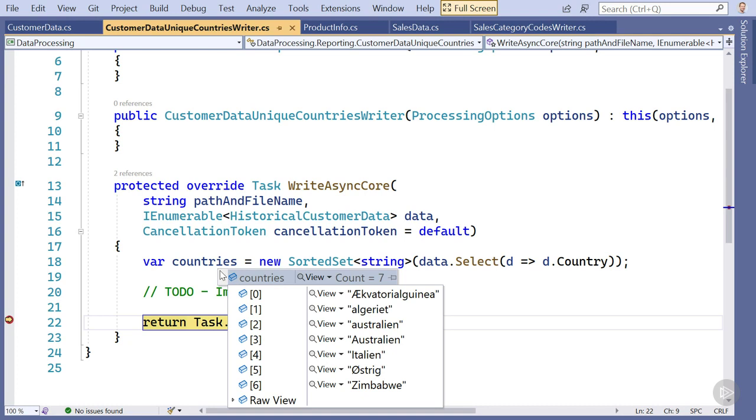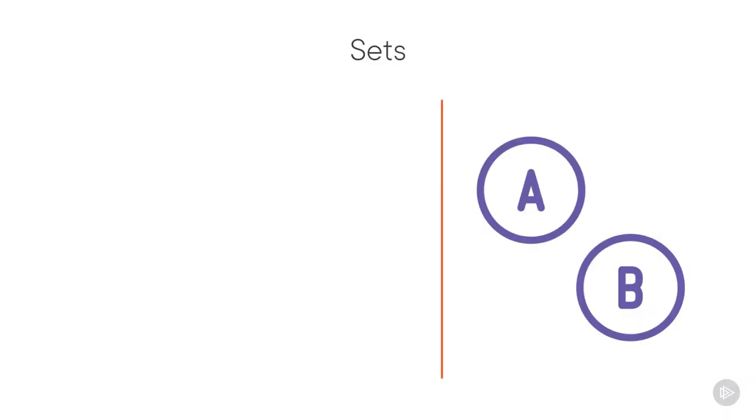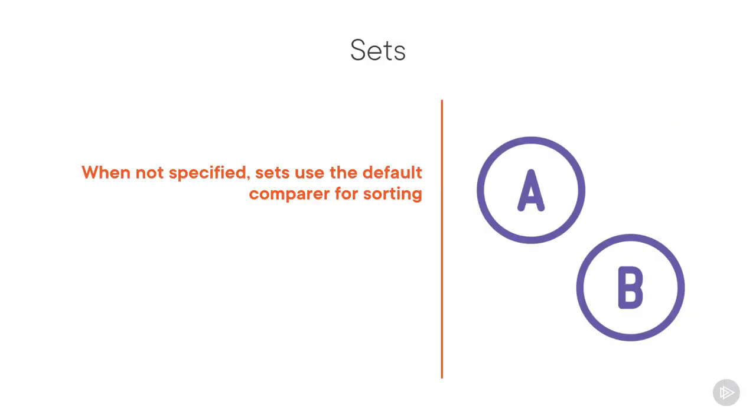Danish has 3 extra letters when compared to the standard English alphabet. We see 2 of those extra letters in our sample data. These additional characters come after the standard 26 English characters, which means our sorting is inaccurate based on Danish rules. When not specified, sets use the default comparer for the generic type that's being sorted.